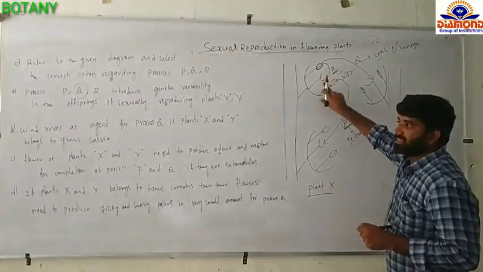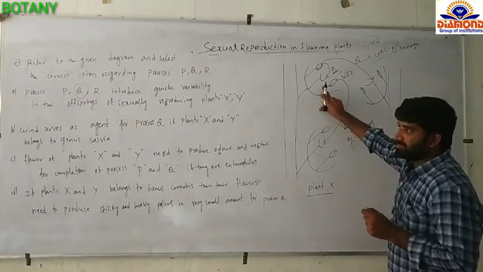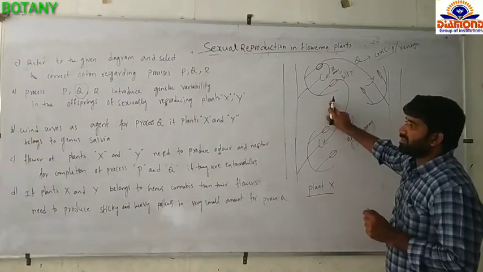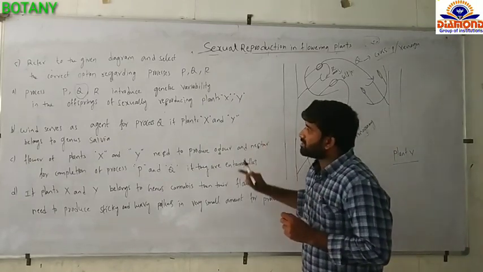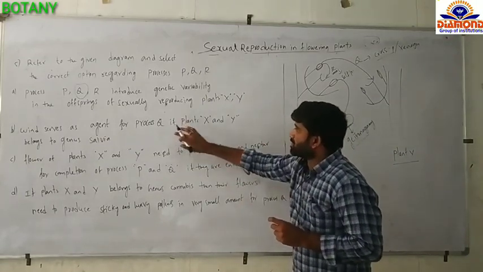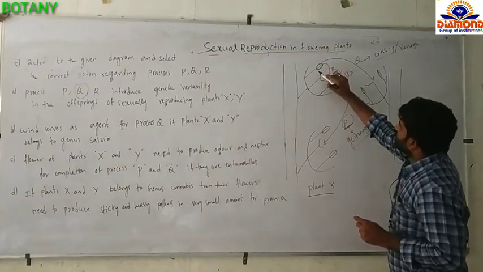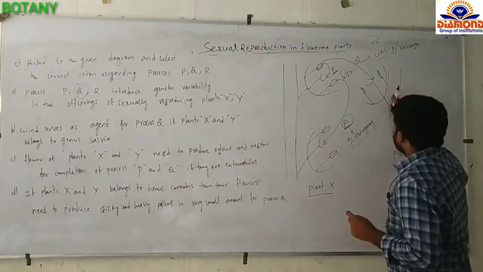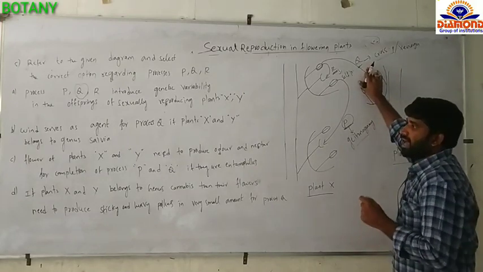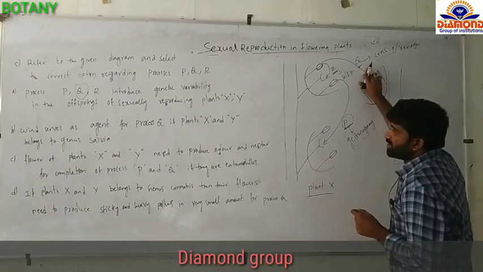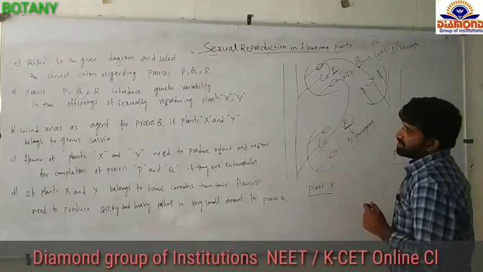Here, wind can act as a pollinating agent, and that type of pollination is called anemophily. Here, wind serves as the agent for process Q, meaning transfer of pollen from plant X to plant Y. So Q can be considered anemophily if X and Y belong to the genus Salvia.